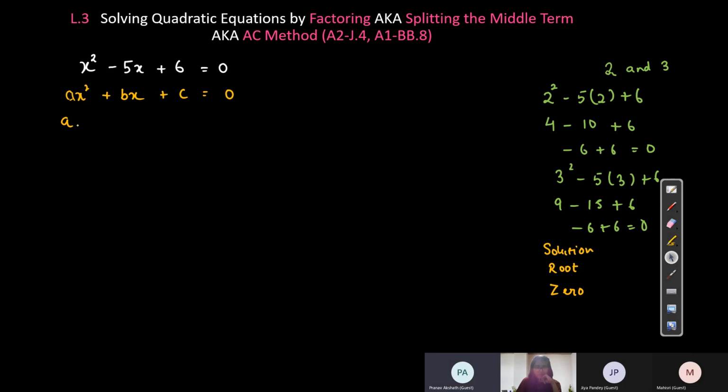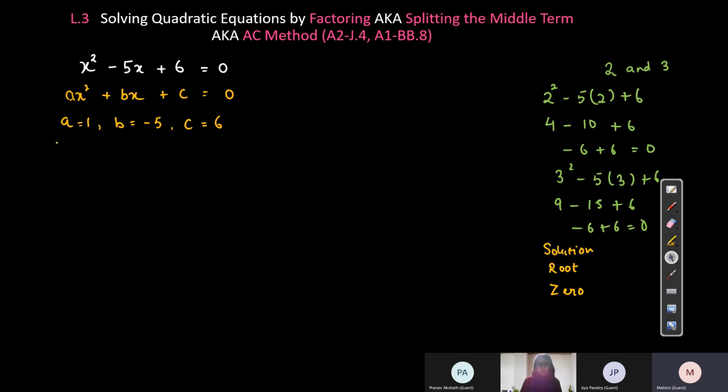A is 1. Now Gia, can you tell the value of b? Negative 5. Now Mahi, what is the value of c? 6. This is your first step: you will find the values of a, b and c.